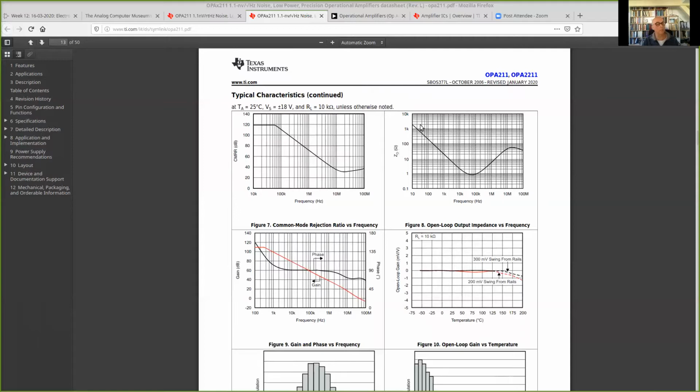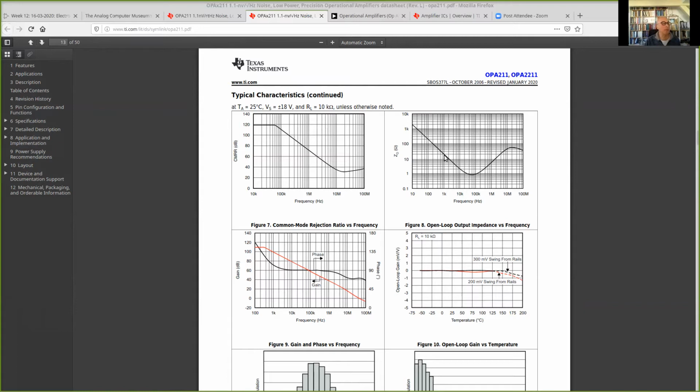Is the output impedance a resistor in this region? A resistor, a capacitor, or an inductor? Well, I'm glad I see a lot of good answers coming. It's capacitive. And now the question is, how large is this capacitor?